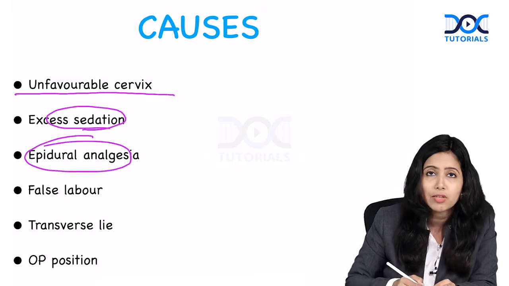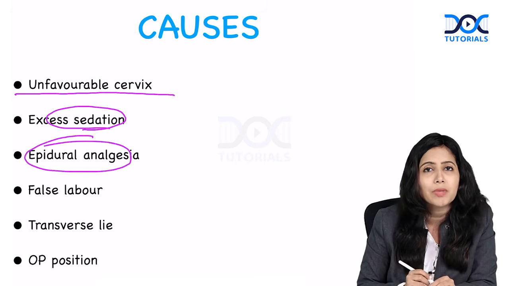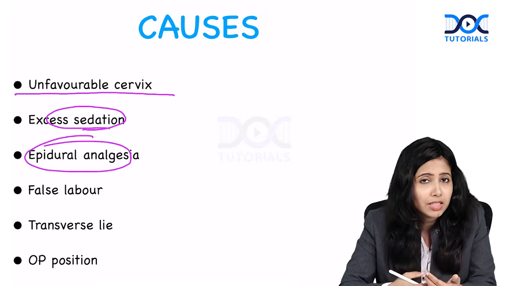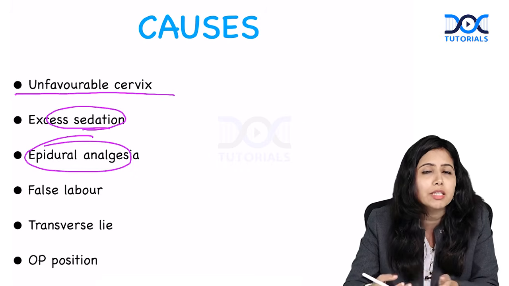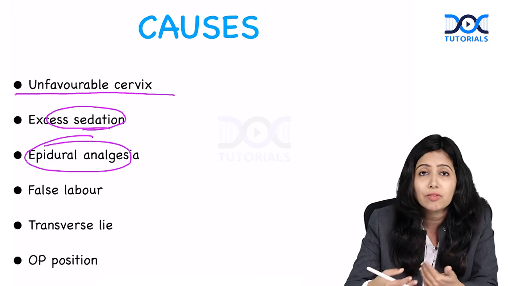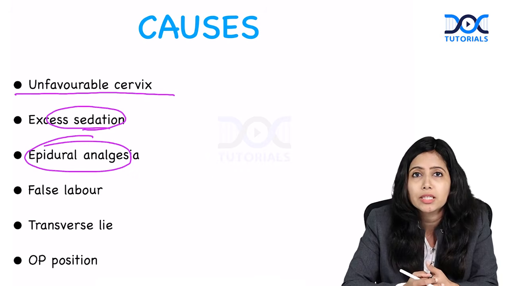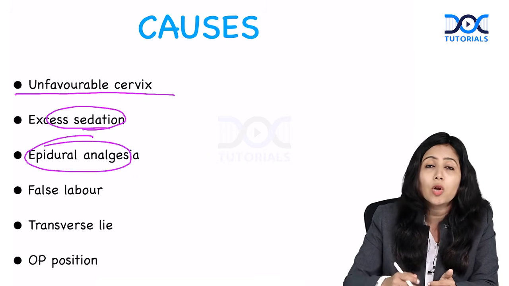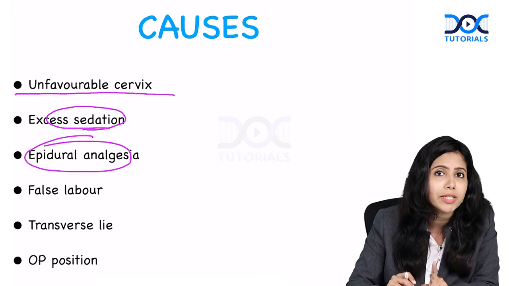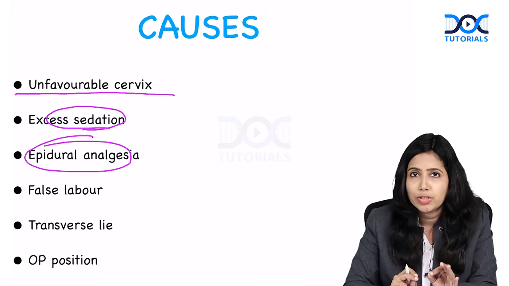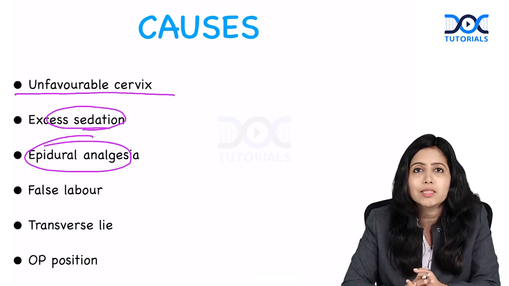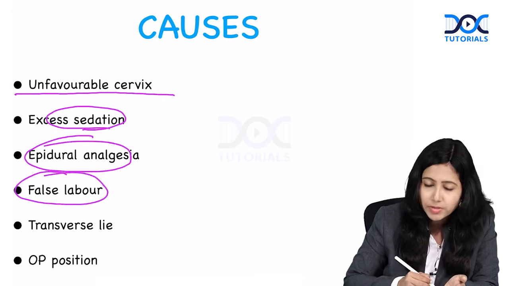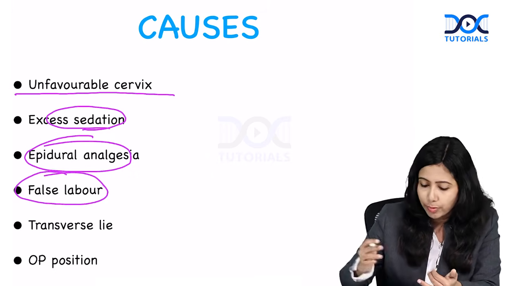Sometimes the patient comes with pain and after we monitor, we understand that the contractions are subsiding and the cervical changes are not progressing. Then we call it false labor. She had some pain, but it was not labor pain as such. When it is false labor, again, the latent phase could be prolonged.